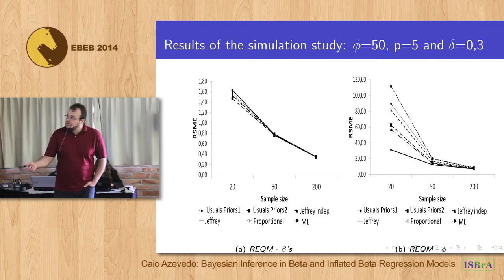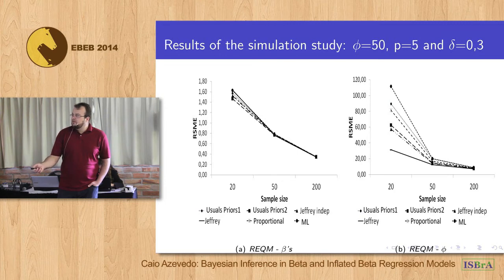We have the Jeffreys prior distribution here. Here we have the independence Jeffreys prior distribution. Look at the triangle. Here we have the usual prior number 2. Here we have the proportional prior distribution. Here we have the usual prior, and here we have the maximum likelihood estimates.